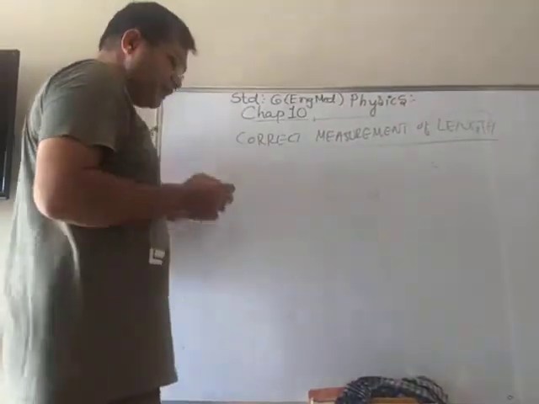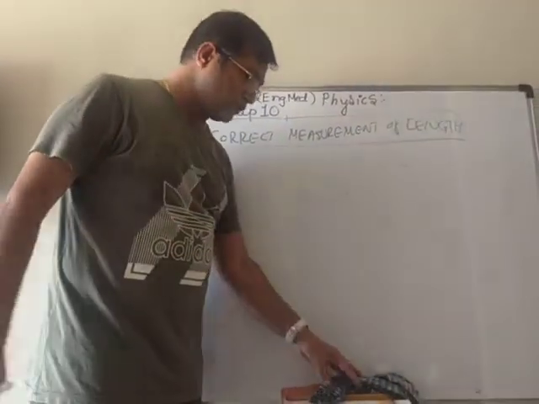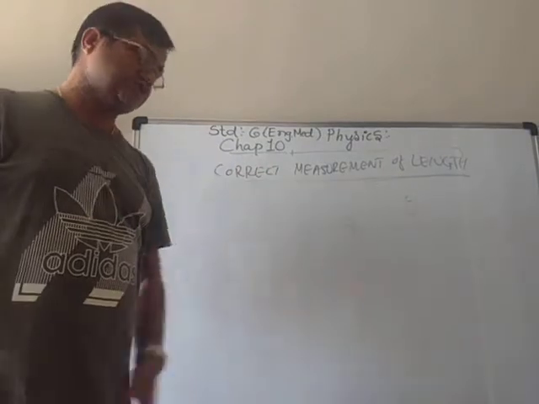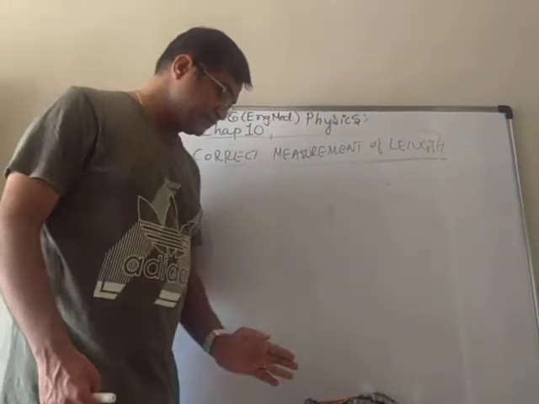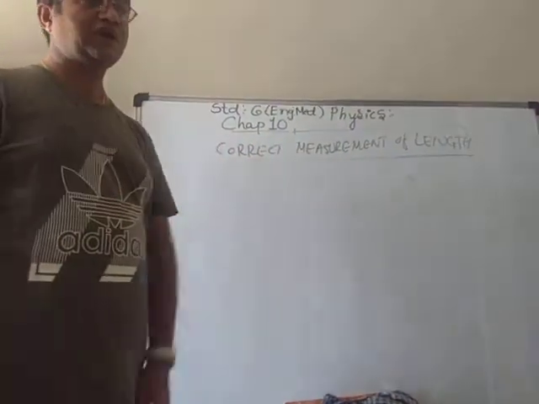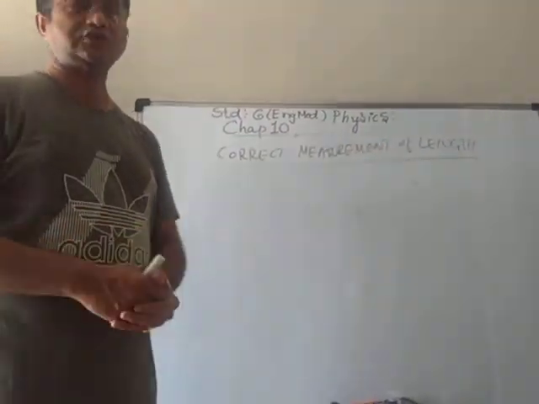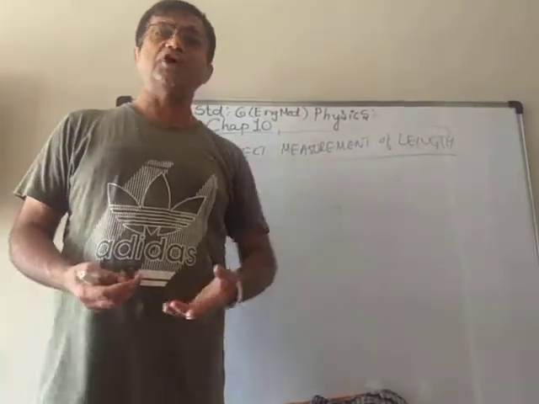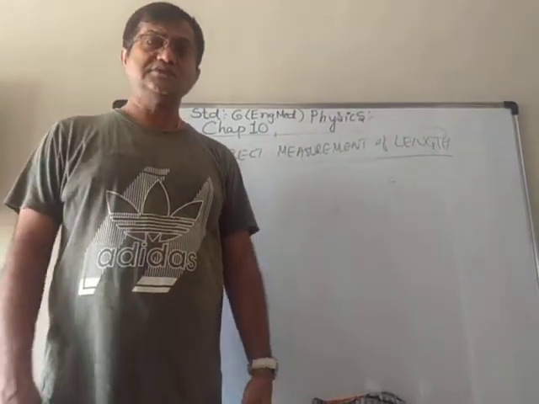Nowadays we have very different types of measuring devices to find the length. Like we use the meter scale, we use a small scale, and there are big scales also. If you go to the clothes shop, they have a metal scale.